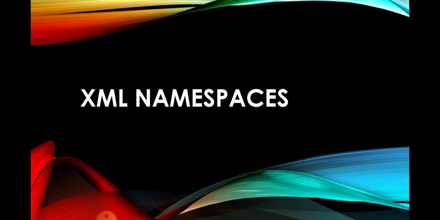The namespace is identified by some Uniform Resource Identifier (URI), either a Uniform Resource Locator (URL) or a Uniform Resource Name (URN), but it doesn't matter what, if anything, it points to.